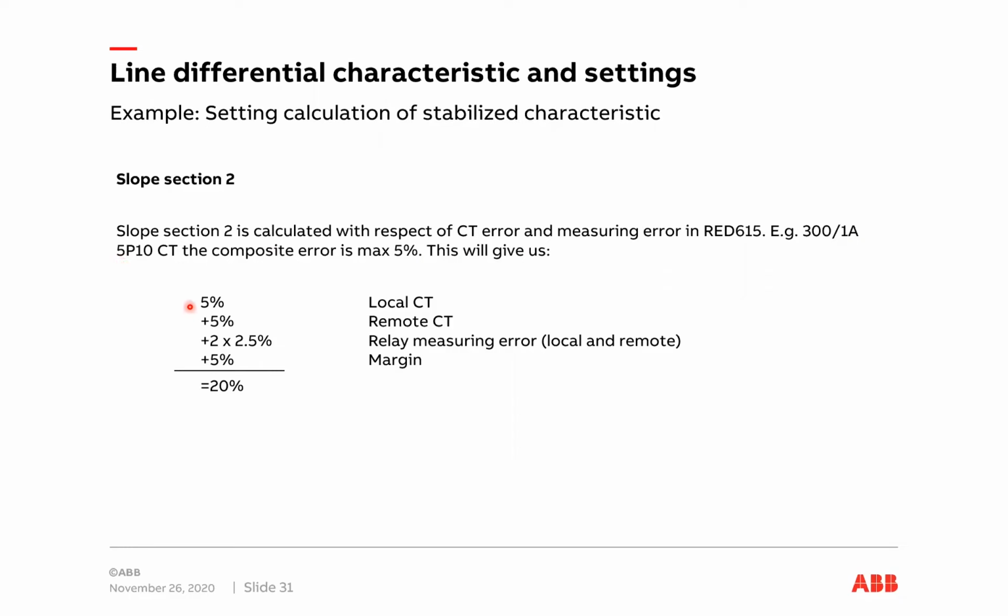And we take this number for both end CTs. And on top of that, we include again the relay measuring error and also a margin. So this will result in 20% for the slope section 2.